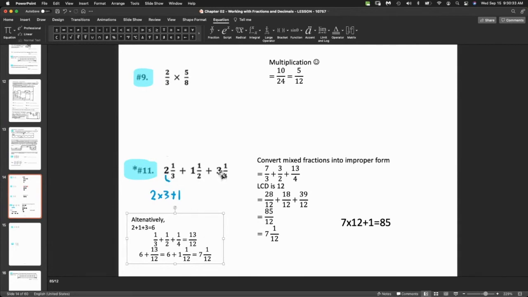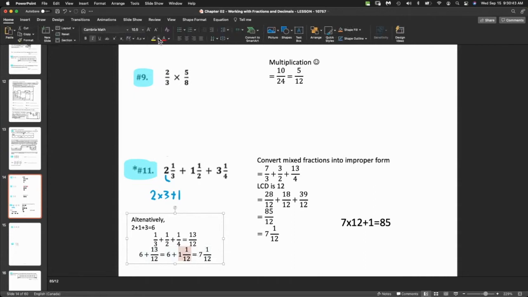I would ignore the whole numbers, add up just the fraction part, which would be 1 and 1/12, just this piece here, and then add that back to all the whole values. Because adding 1 and 1/12 to the number 6 is easy. If I add the two numbers here in red together, that's pretty easy. So hopefully some people in the chat like what I did on the side here, but it's not mandatory.